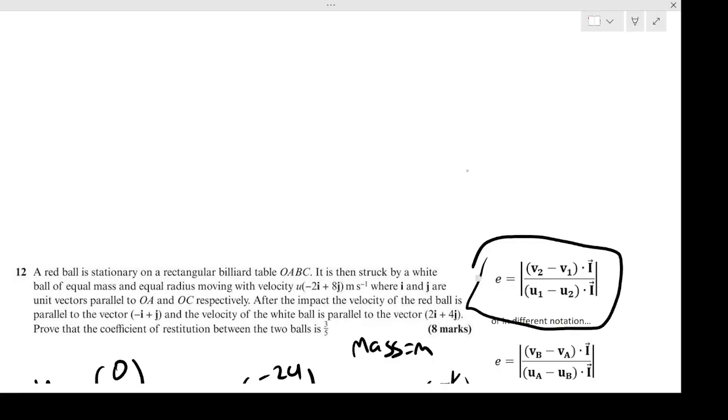This formula should always work with any problems like this with vectors, in 2D collisions. But I don't recommend you do so. When it's parallel to i or j, I really do recommend you stick to the method we looked at in those problems, where you just look at the i or the j components on themselves.